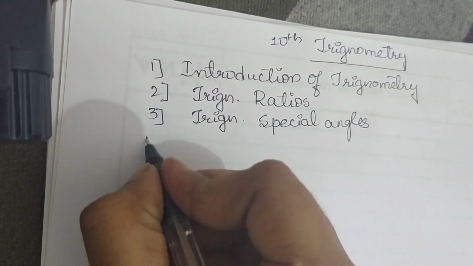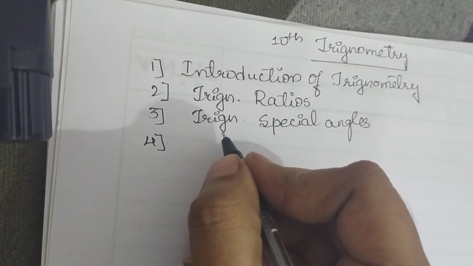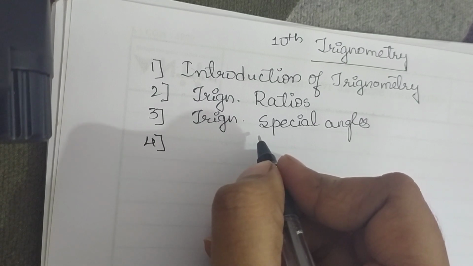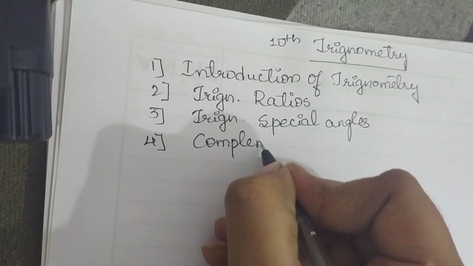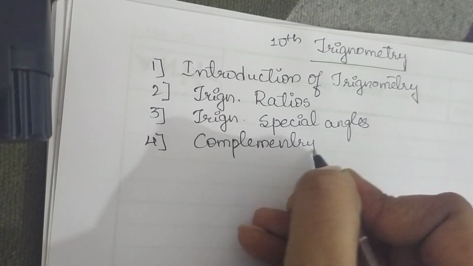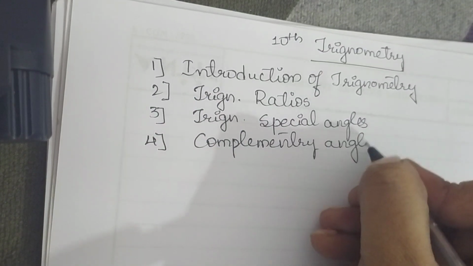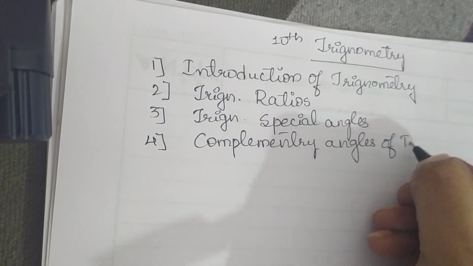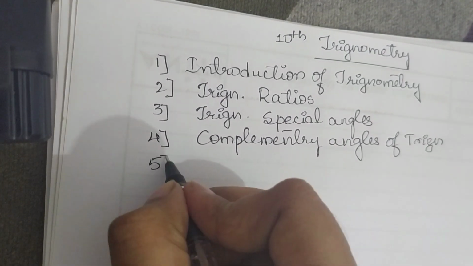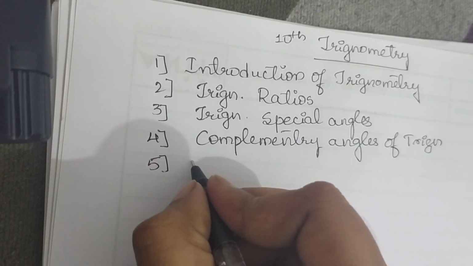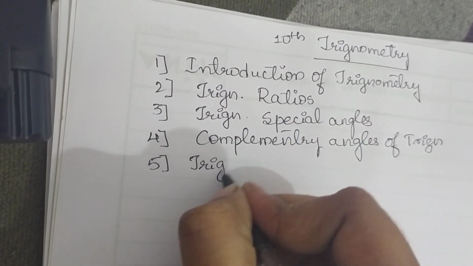Then the next is we have to study about the complementary angles of trigonometry. And last one, we have to study about the trigonometric identities.